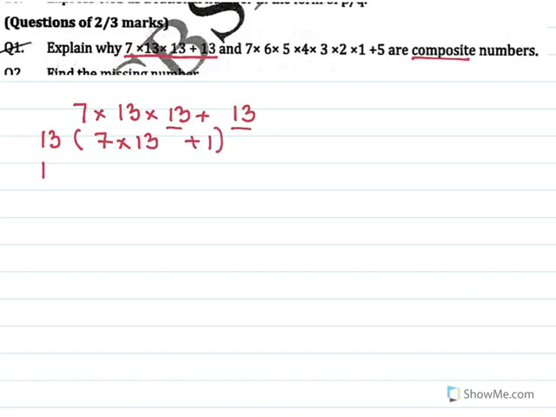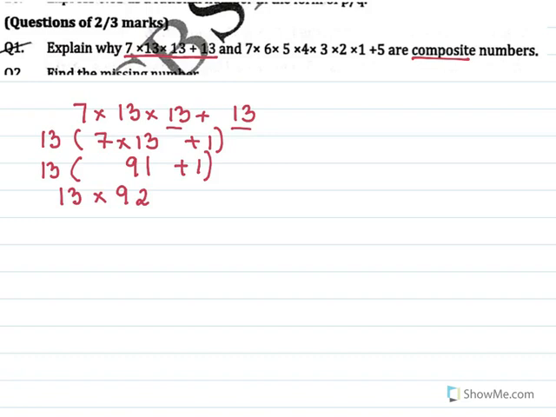Explain why 7 into 13 into 13 plus 13 is composite. So let's start with this: 7 into 13 into 13 plus 13. Here we'll take 13 common out. What remains inside? 7 into 13 plus 1, this is 91 plus 1, so 13 into 92.